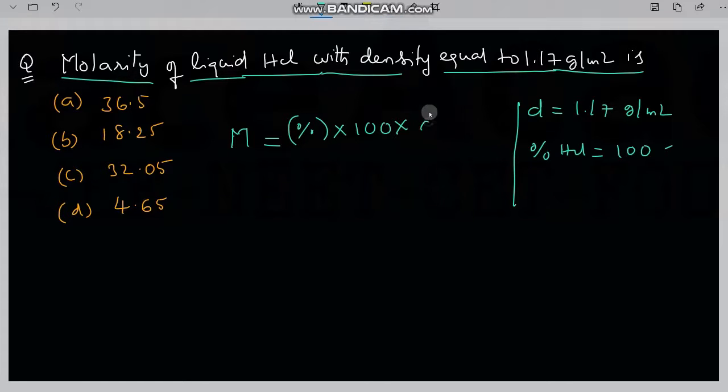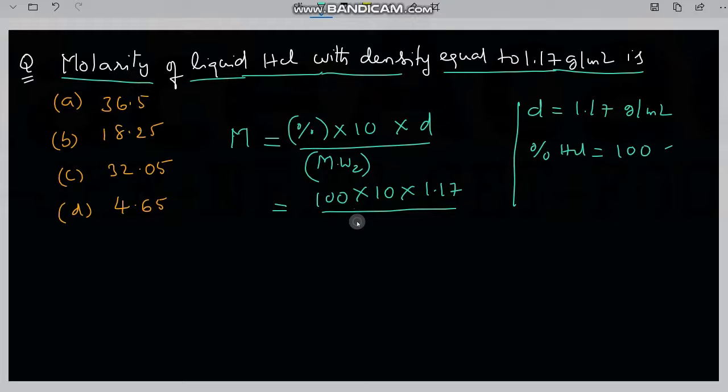That equals mass percentage into density into 10 divided by the molecular weight of the solute. So using this formula, we can substitute the values. Percentage is 100 into 10 into density 1.17.